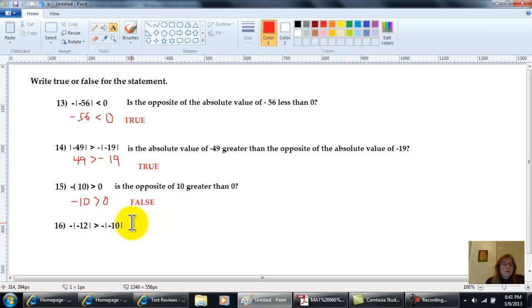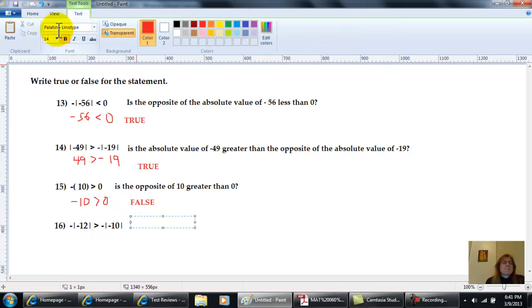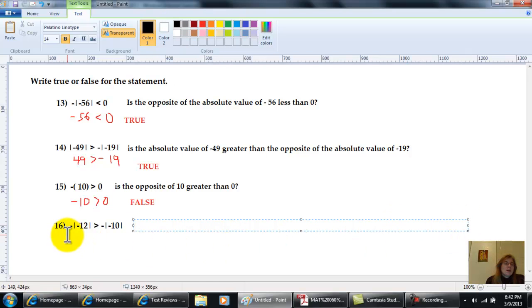Alright, for this one, once again we're going to break down what is it asking you. So this is a long sentence. Is the opposite of the absolute value of 12 greater than the opposite of the absolute value of negative 10? So let's type it out.